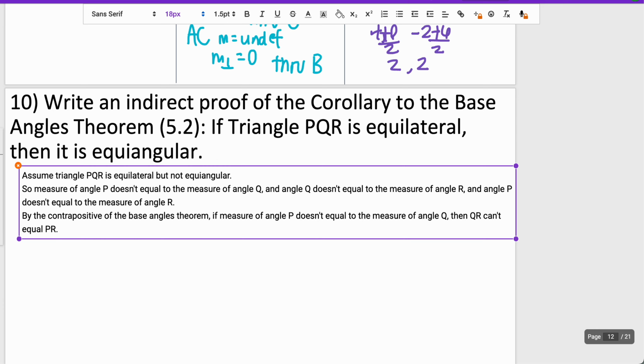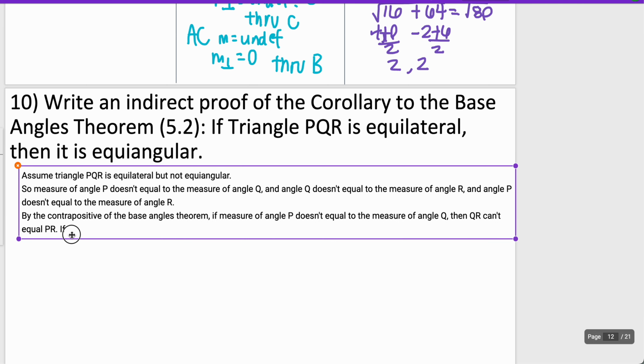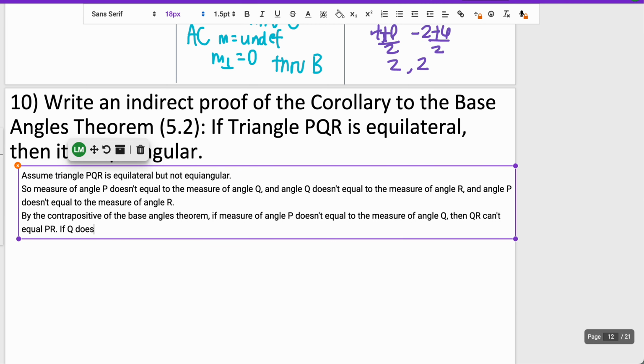And then you can continue saying that for the rest of the statements. If Q doesn't equal R, then PR can't equal PQ. And if P doesn't equal R, then QR can't equal PQ.